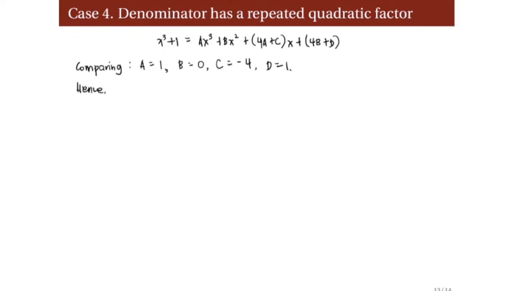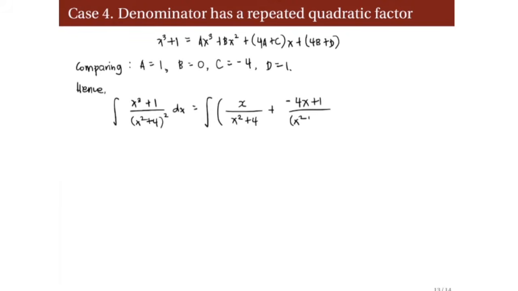ito yung makukuha natin. The integral of x cubed plus 1 over x squared plus 4 squared with respect to x is equal now to the integral of, again, x squared plus 4 in denominator ng isa, ax plus b, that would be a, which is 1, times x plus b, which is 0, plus, meron tayo ditong negative, cx plus d is negative 4x plus 1 all over x squared plus 4 squared dx.